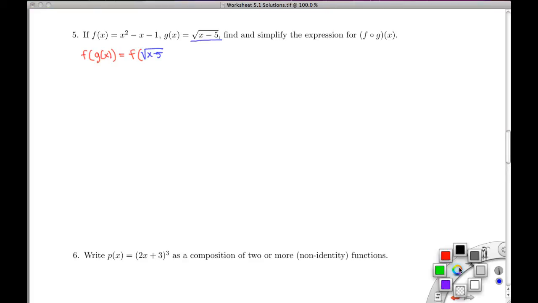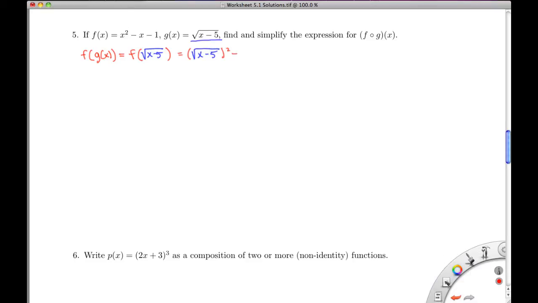So we go to our function f. Everywhere that there's an x, we replace it with the square root of x minus 5. So we've got the quantity x, which is now the square root of x minus 5, squared, minus x.